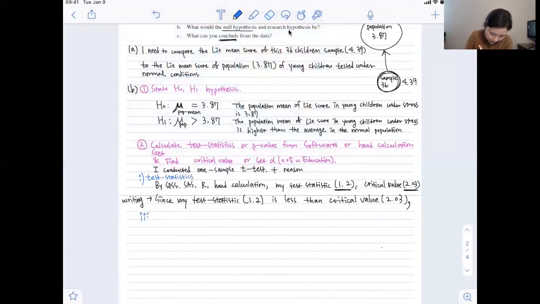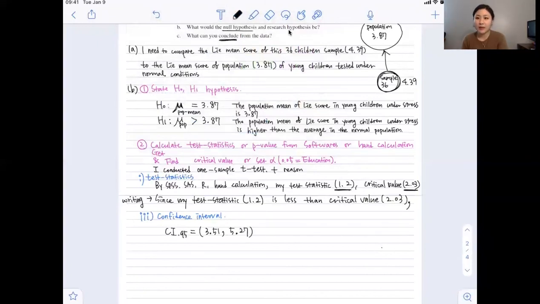And my third method was using a confidence interval. So my confidence interval, when I calculated it and got it from SPSS or SAS, my 95% confidence interval was 3.51 and 5.27.